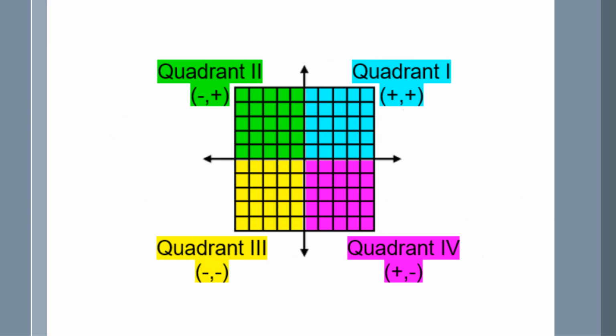All right. By now, you should know all about the four quadrants on the coordinate plane. In quadrant 1, x and y are both positive. Quadrant 2, x is negative, y is positive. In quadrant 3, both are negative. In quadrant 4, y is negative. But before we continue, remember x and y are being replaced with cosine and sine.